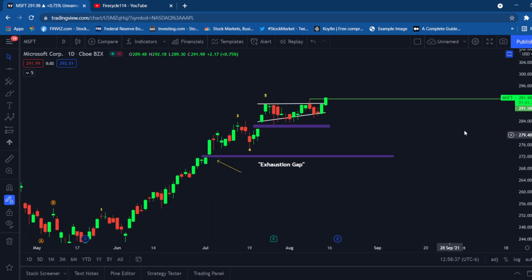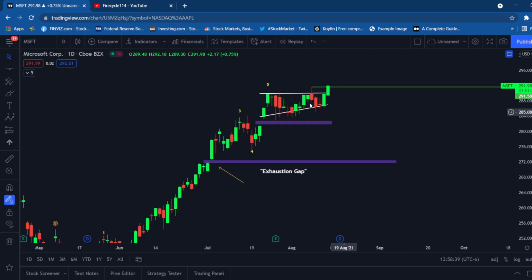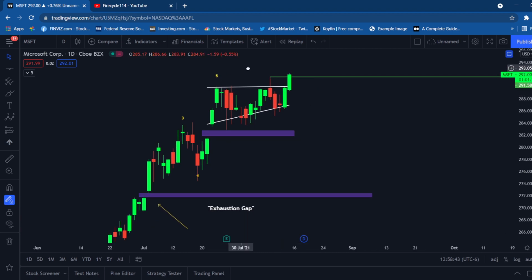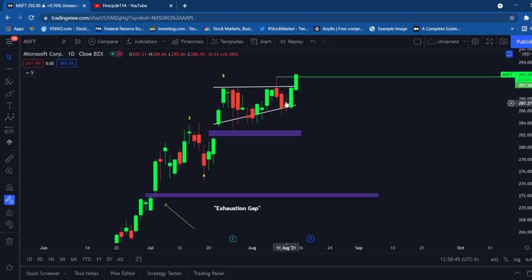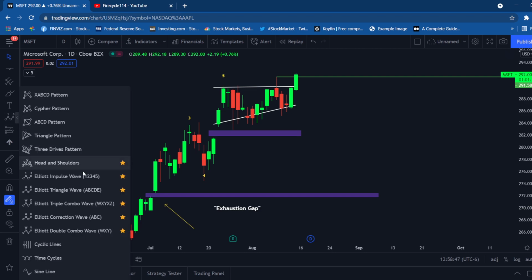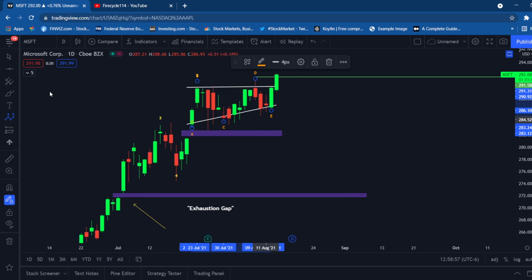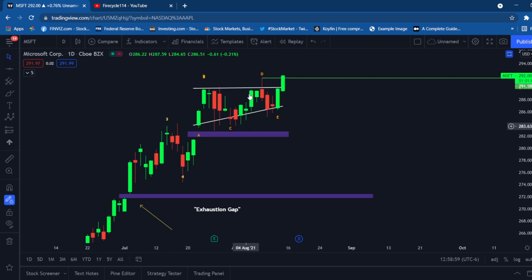So this was an ascending triangle breakout right around over here, and usually we want to enter at the third breakout. Usually how an ascending triangle works is we have A, B, C, D, E. We have three bottom supports where it touches three times, and then we have the two resistance touches.